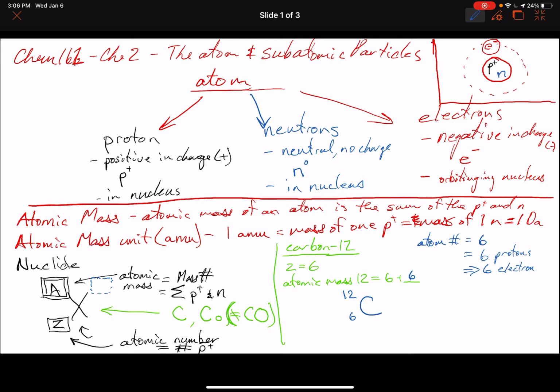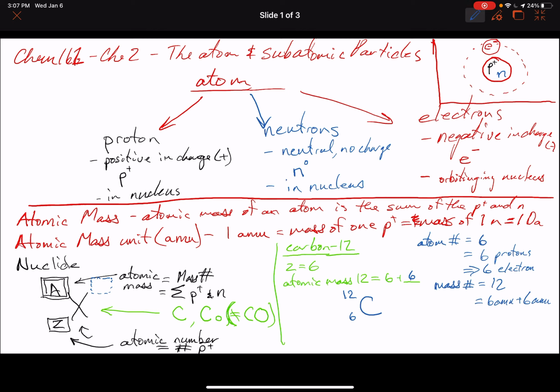And we know that the mass here, given from the mass number, is equal to 12. From the Z value, that of course was 6 amu from the 6 protons plus 6 amu from the 6 neutrons to give the 12 that we have as the A value in this superscript left-hand position of our nuclide information.